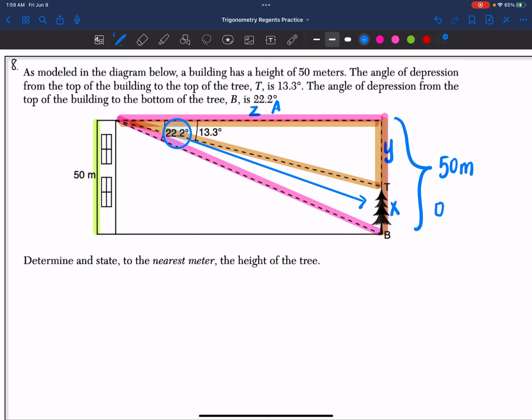So if I'm using SOHCAHTOA, I'm going to use tangent, because tangent uses opposite and adjacent. And perhaps the tangent of 22.2 is equal to 50 over z. So if I can find z, then I can use z to find y, and then I can subtract y from 50 to find x.